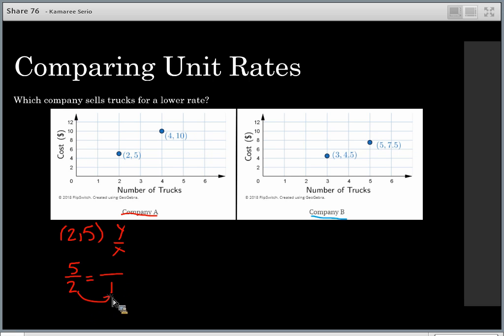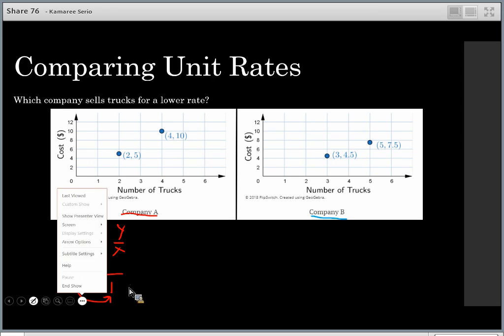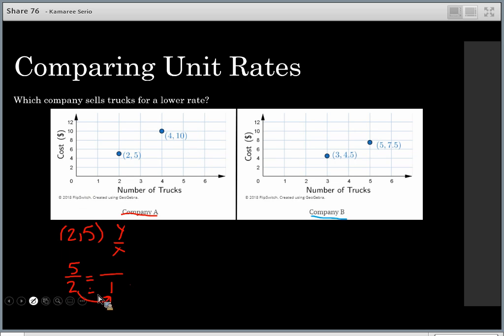To go from 2 to 1, I need to divide by 2. Since I divided by 2 in the bottom, I need to divide by 2 up top. So 5 divided by 2 gives 2.5. This means that it is $2.50 for every one truck.